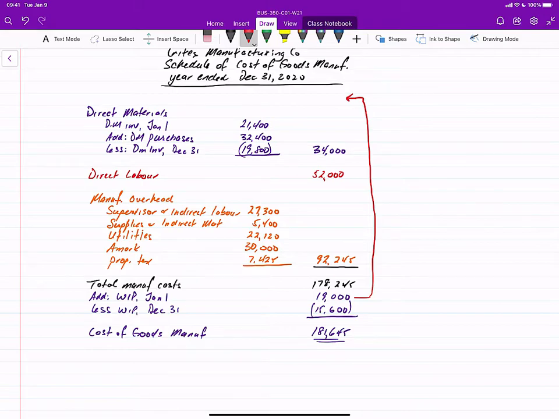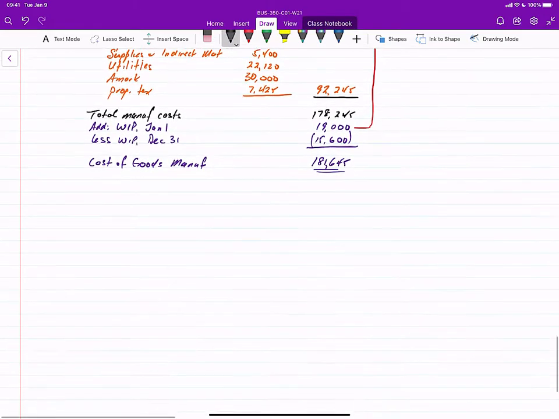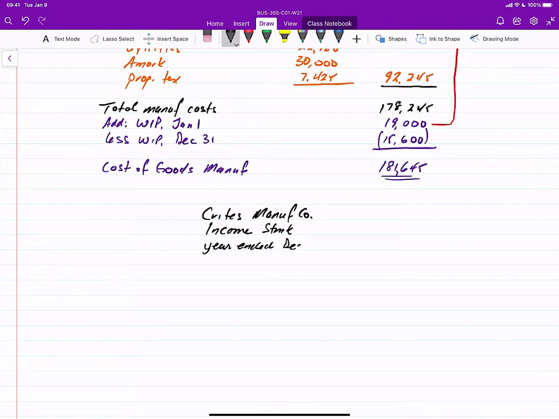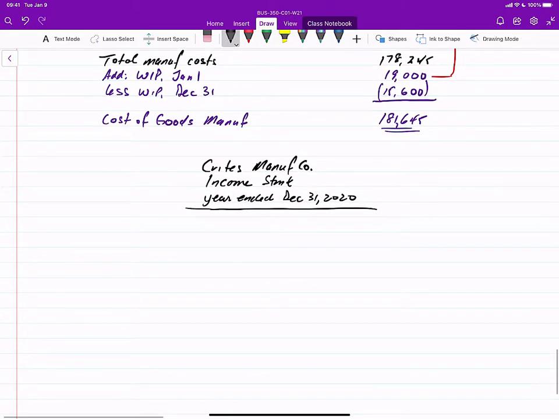And then finally, our last statement that we need to put together here is our income statement. Crete Manufacturing Company income statement, year ended December 31st, 2020. Same idea though, but now we include the accounts that we have left over. So we have sales of $325,000.